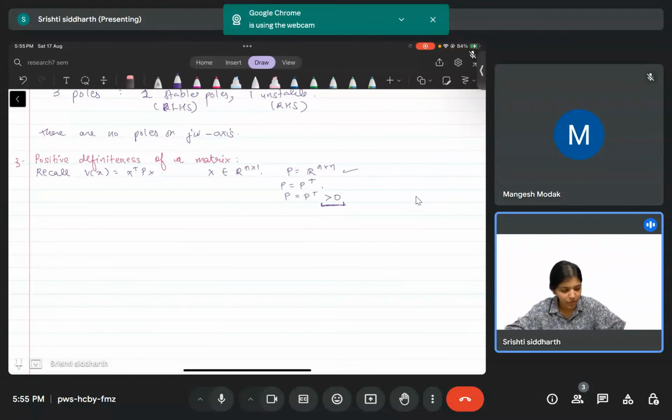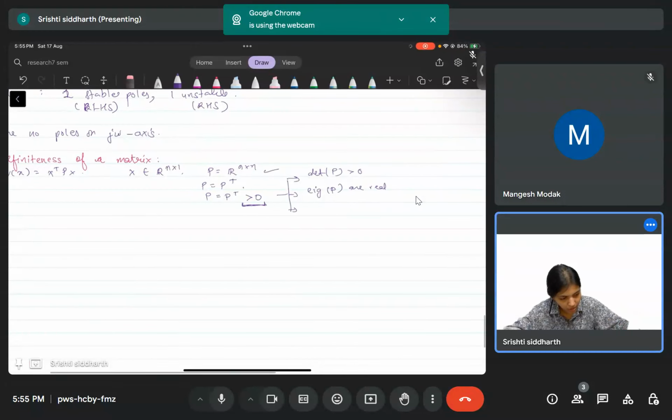So one of them is that if it is symmetric, then the determinant of P is greater than 0. Other one is that the eigenvalues of P are real because it's symmetric, and positive because of positive definiteness of the matrix. And then the last one is that this form is always positive, and x transpose Px is 0 if and only if x is identically 0.